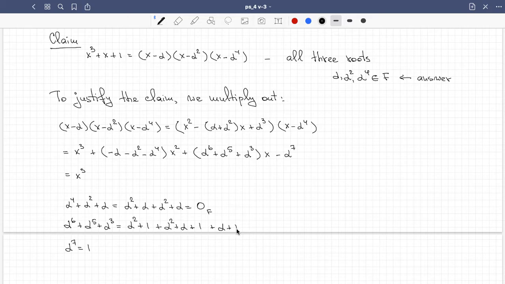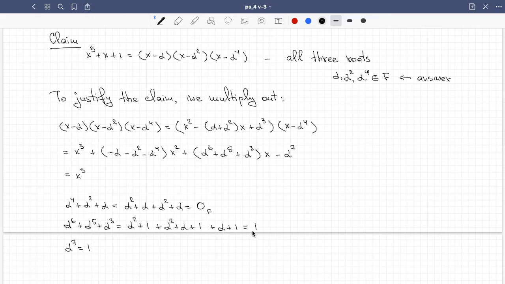Now, let us see what happens. Alpha squared plus alpha squared is 2 alpha squared, which is 0. Alpha plus alpha is 2 alpha, which is 0. 2 is 0. But 1 plus 1 is 0, plus again 1 is 1.